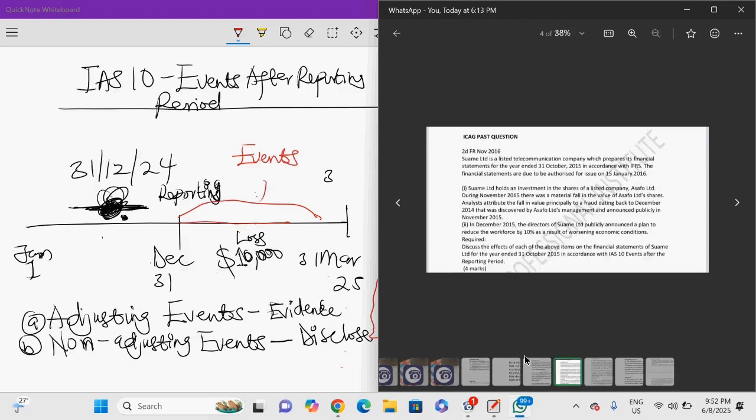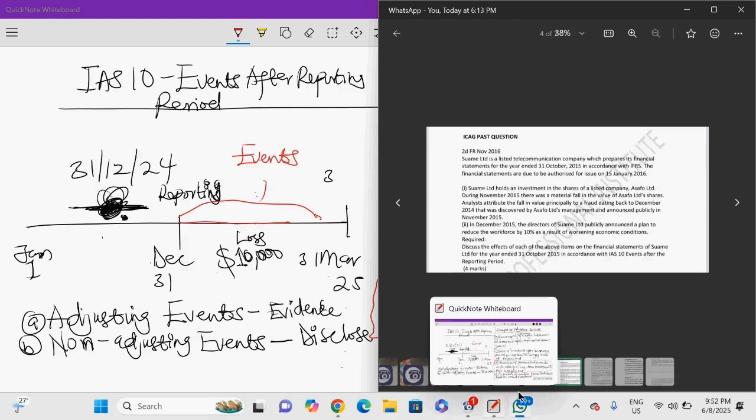So in the books of Asafo Limited, the fraud will be an adjusting event. But in the books of Xiaomi Limited, the fall in the value would be a non-adjusting event. Are we clear? Do we get this?